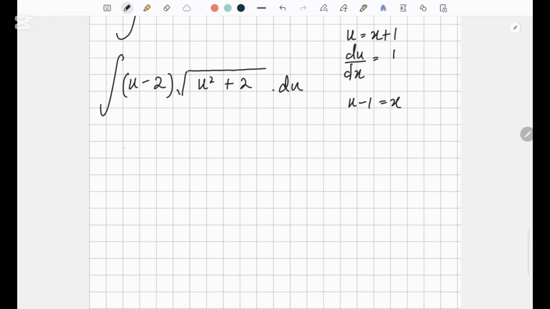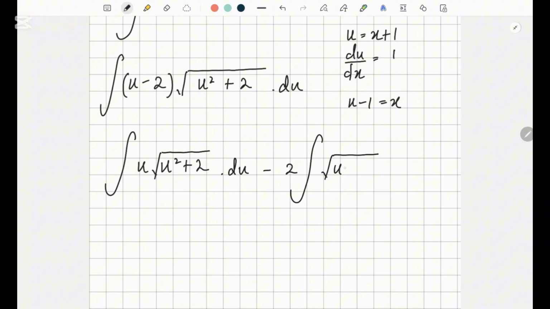Okay, now let's expand the brackets. Now we have the integration of u into root u squared plus 2 dot du minus 2 root u squared plus 2 dot du. Now these are the integrals you have to solve.